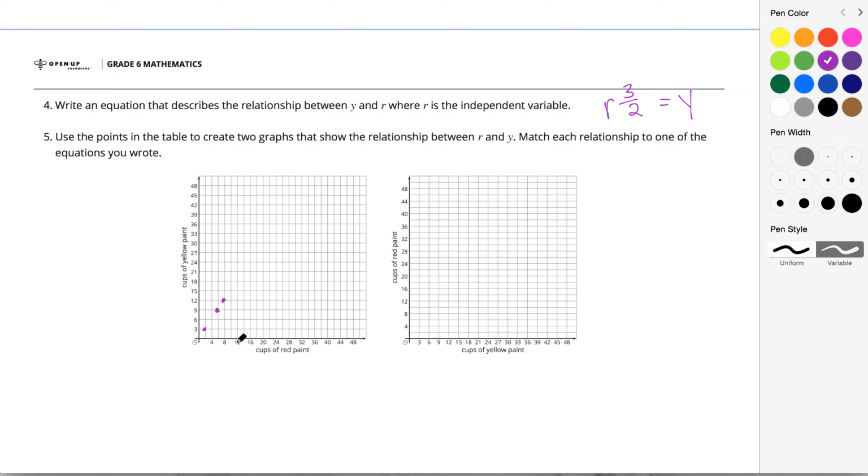After that, it's going to be 12 and 18. Then I get 14, 21. Then there's 16, 24. Then we have 20, 30. And then we have 28, 42.